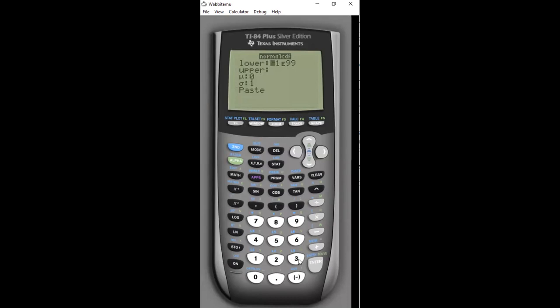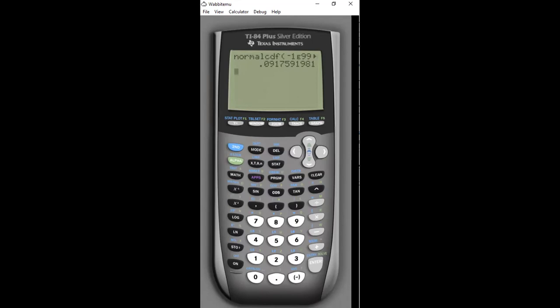So the upper bound is negative 1.33. You need to be careful when you use the TI-84 calculator to input a negative: you have to use this sign, so this is 1.33. Then mu, sigma. So what do we get there? We get 0.091759, right?